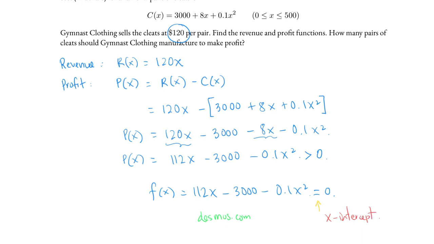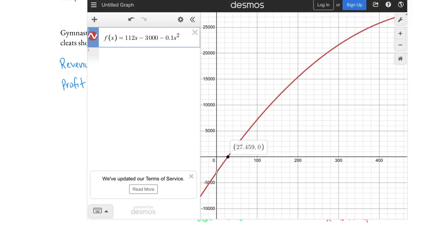It is where the graph crosses the x-axis. Once we obtain the graph, we can read out the x-intercept. The x-intercept in this case is 27.459, and so we will round this to approximately 28.